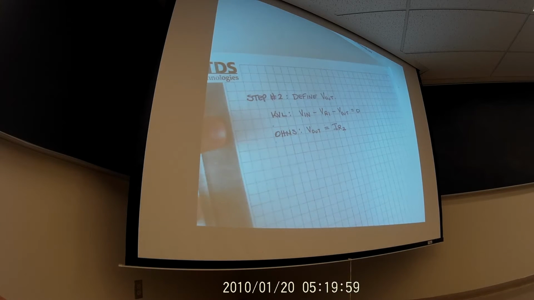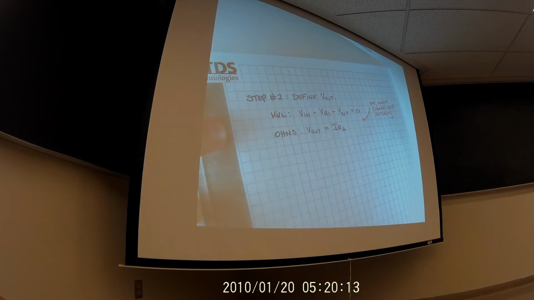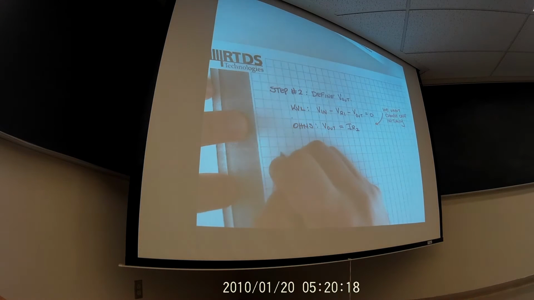We'll leave these here. Okay, we're going to move on to step number 3, and then we're going to sort of backtrack and see if we can figure out which one makes the most sense.